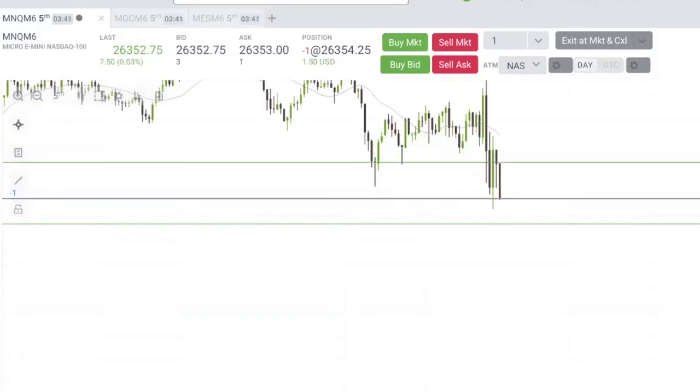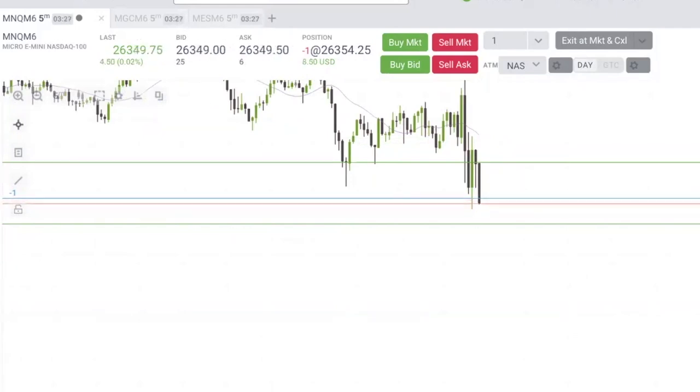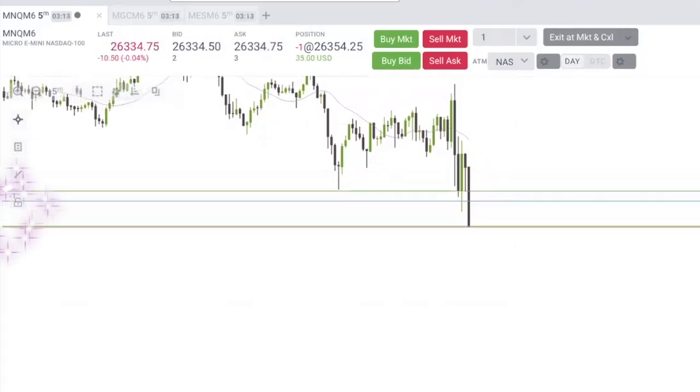So we'll wait for a clear shift in momentum to the downside before moving the stop loss this time. Moving it now would be a good time?